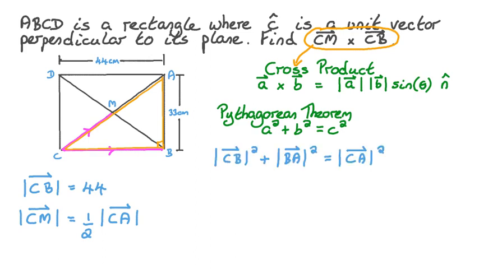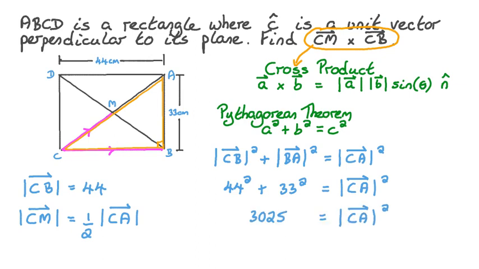The magnitude of vector CB squared plus the magnitude of vector BA squared will be equal to the magnitude of vector CA squared. Substituting in our values from the diagram, we need to calculate 44 squared plus 33 squared. This is equal to 3025. Square rooting both sides of this equation gives us that the magnitude of vector CA is equal to 55.